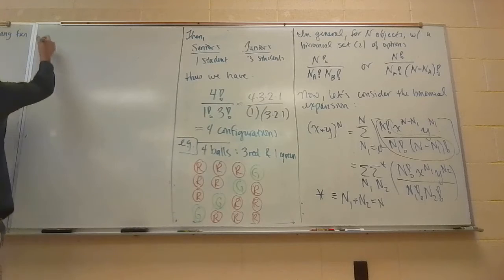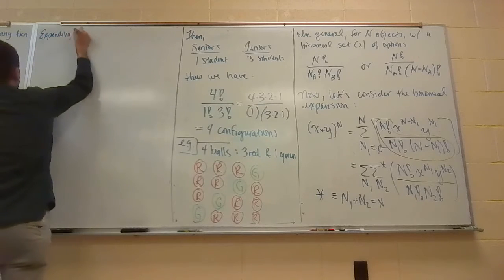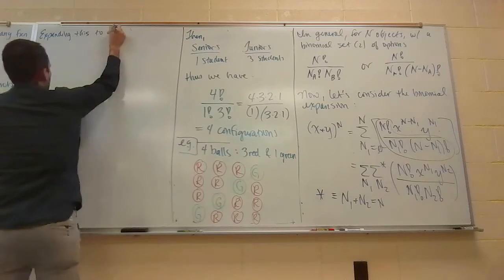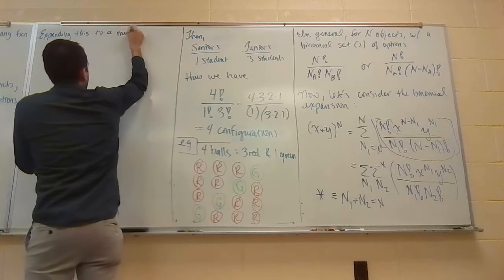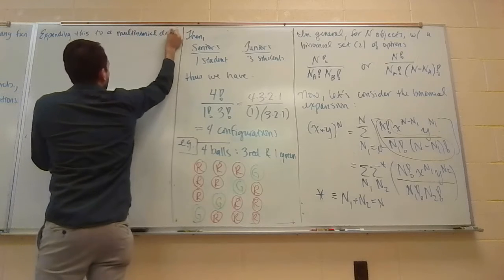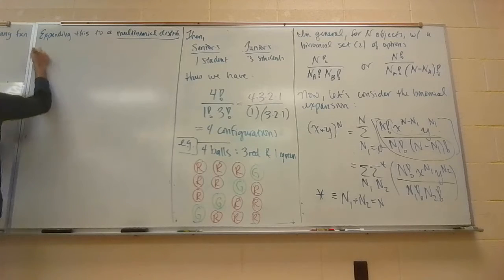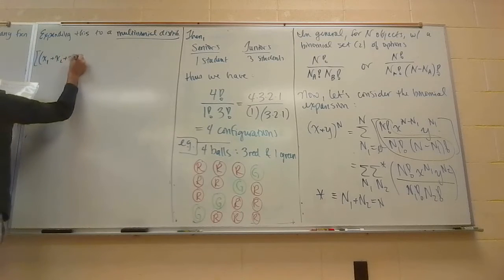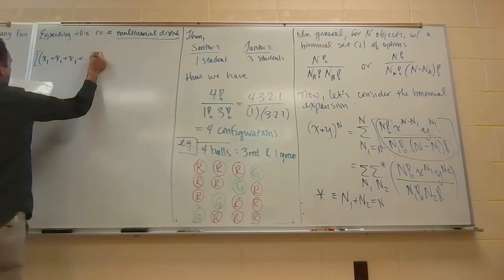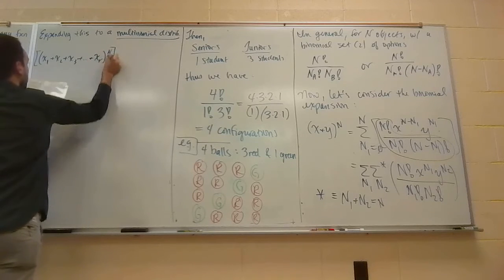So, expanding this to a multinomial distribution, we then have the quantity x1 plus x2 plus x3 going up to x sub r, raised to the n.